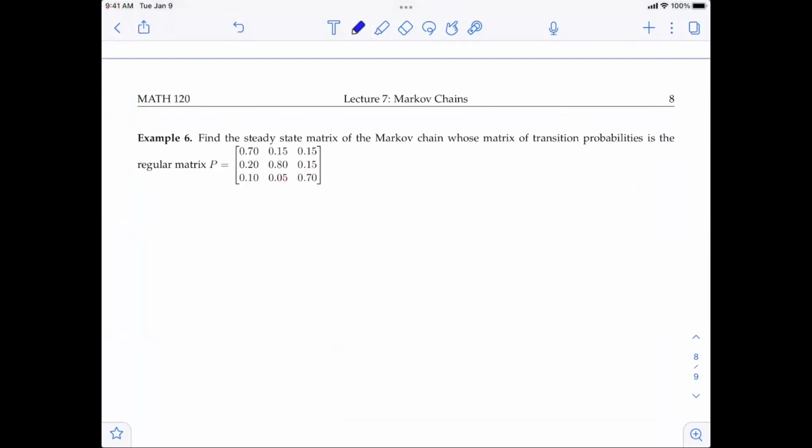All right. So let X bar be the steady state matrix. So X bar is equal to X1, X2, and X3. Why are there 3 entries here? Because this is a 3 by 3 matrix.